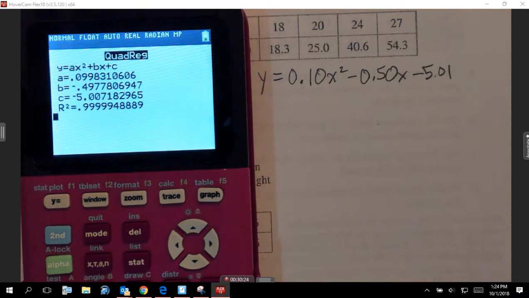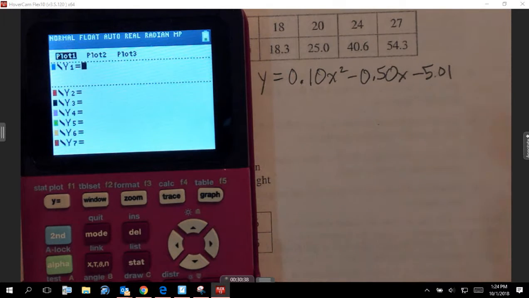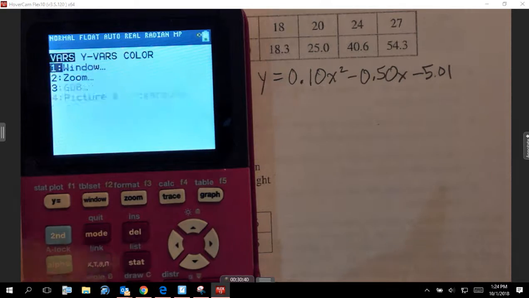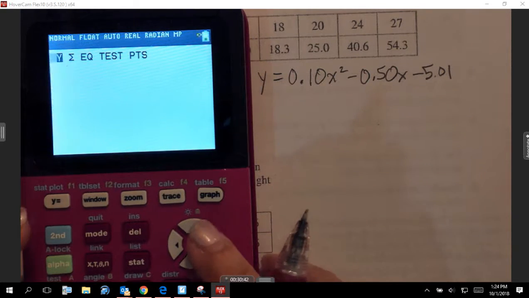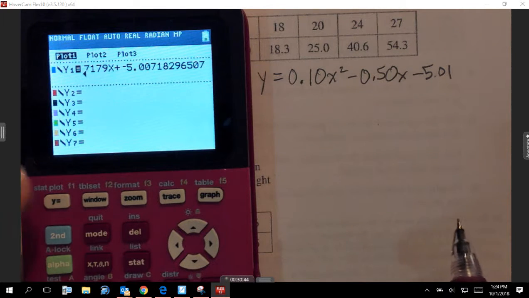So I just rounded to 2 decimals. I got my equation. I'm going to graph it. I'm going to go to y equals. I'm going to clear out what's sitting there, and then I'm going to copy vars, statistics, EQ, regular EQ.